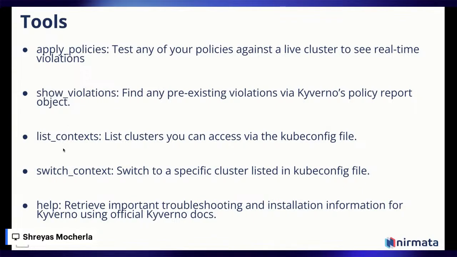So the three other tools that we have are list context, switch context, and help. List context is used especially when you want a multi-cluster setup, right? When you're running the MCP server on the host and not a Kubernetes cluster, you can list the clusters you have access to via the kubeconfig file.